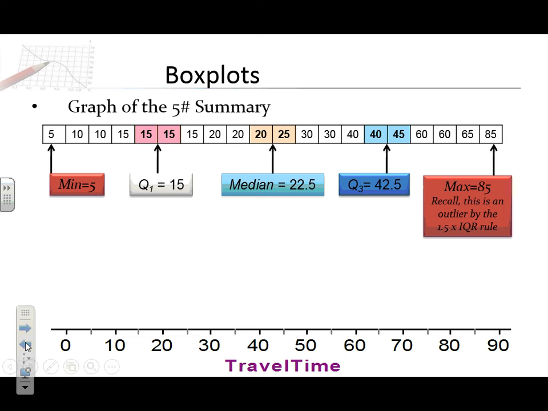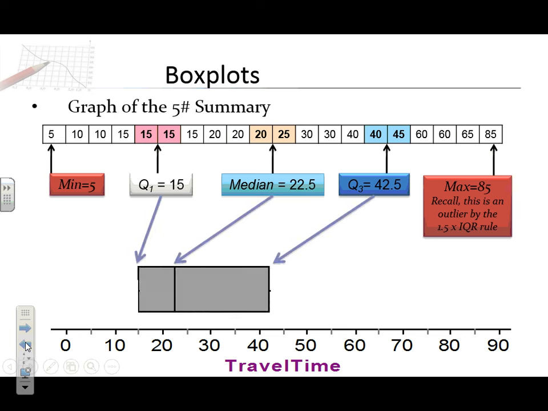Okay? So, once we're here, the first thing you can do is plot your quartiles and your median. The way we do that is just with 3 vertical lines. Where quartile 1 is located at 15, we create a vertical line. Where the median is located at 22.5, vertical line. Quartile 3 at 42.5, vertical line. And we just make them all pretty much the same length. So you're just going to line them up where they go over top, and create a box. So here's where the box of the box plot comes from.